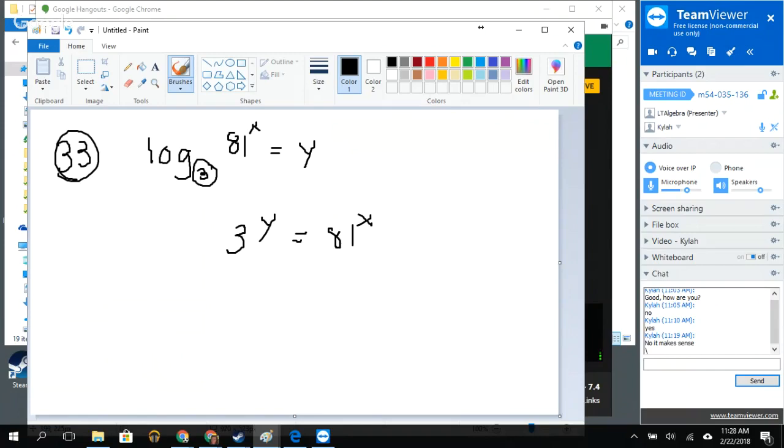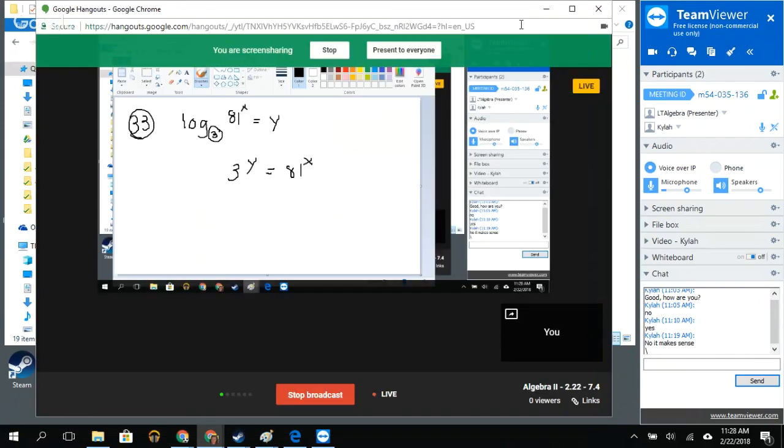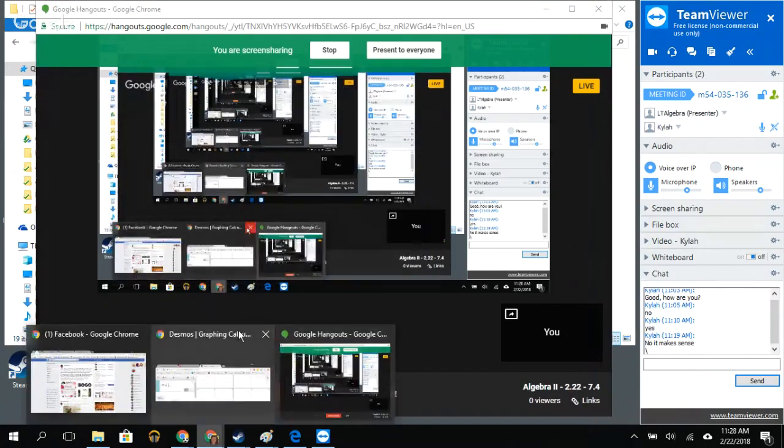The other thing I did want to show while we were here is what the graph of an exponential and a logarithmic equation looks like. So this is the last little part here.